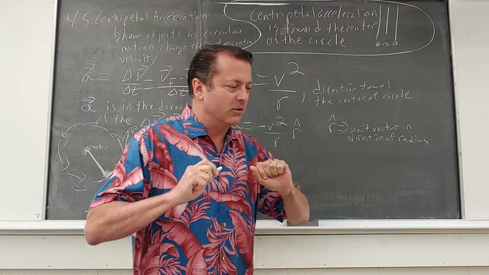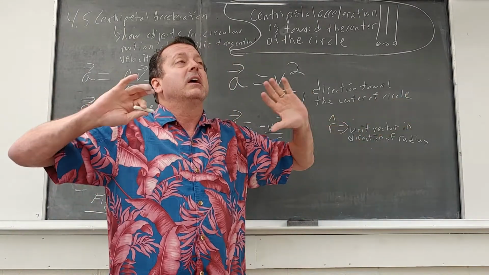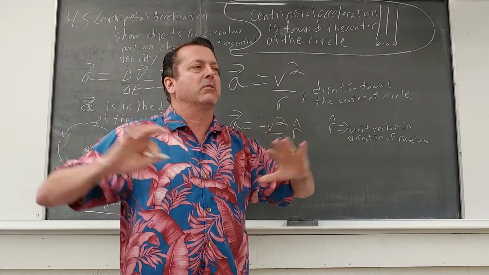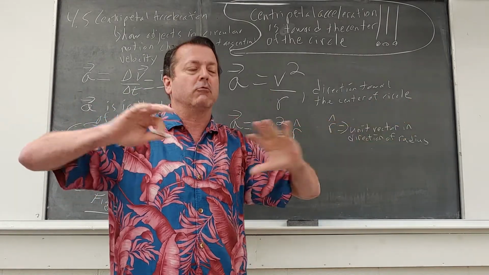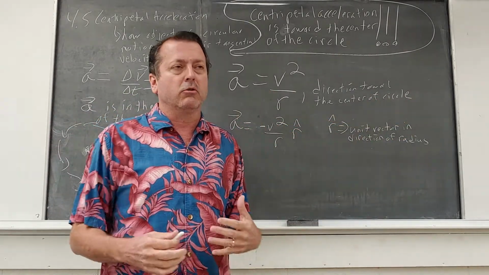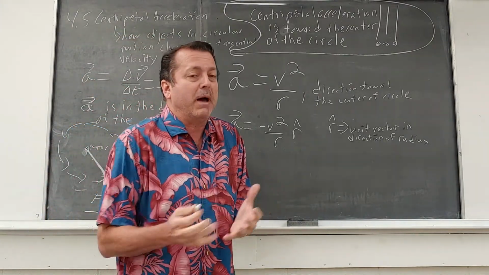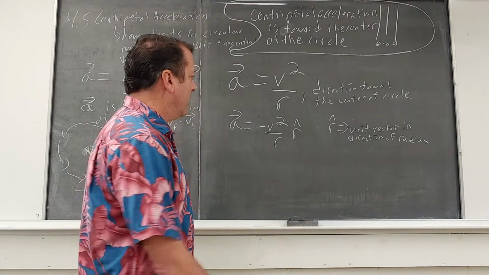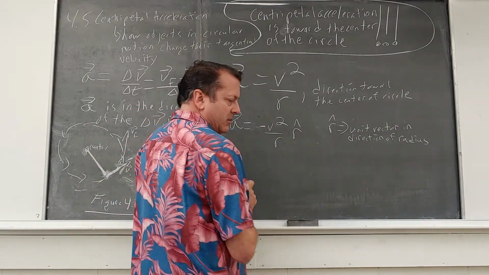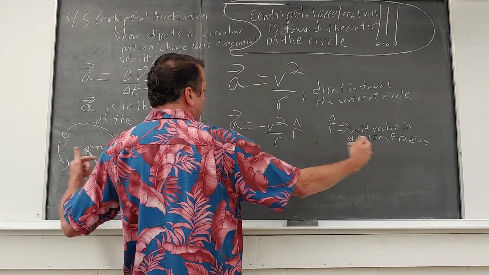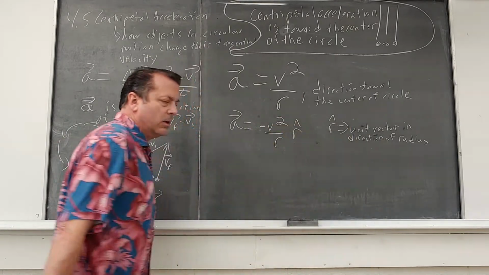They always have the direction of the unit vector be in the direction of increasing radius or increasing angle. So this would be an increasing radius, so it has to be outward. That negative then means the direction is inward. Okay?